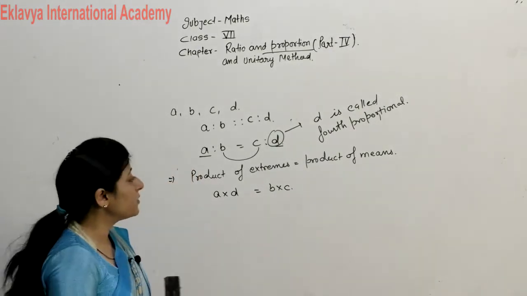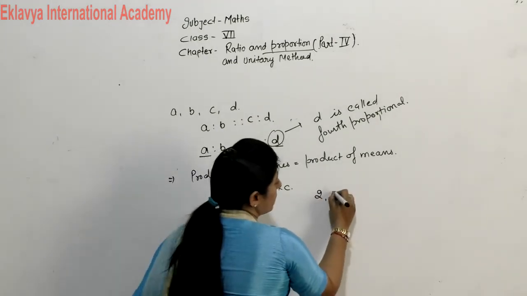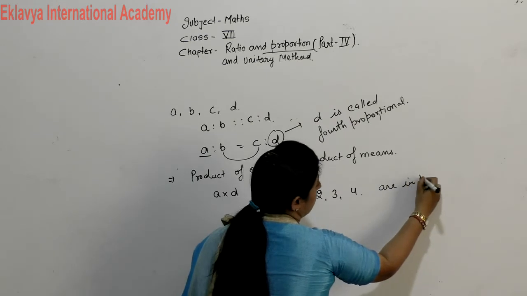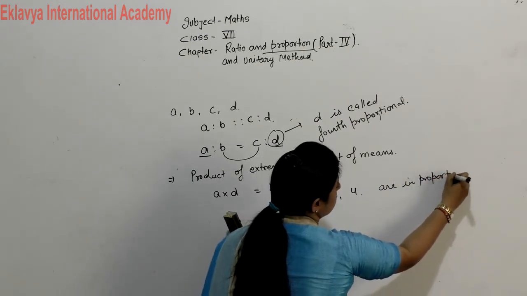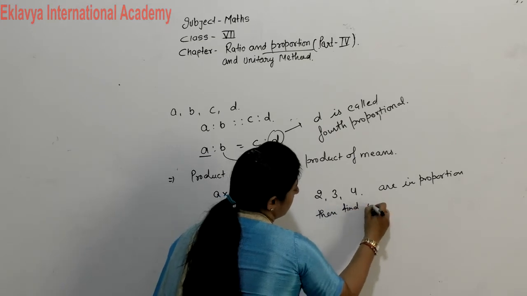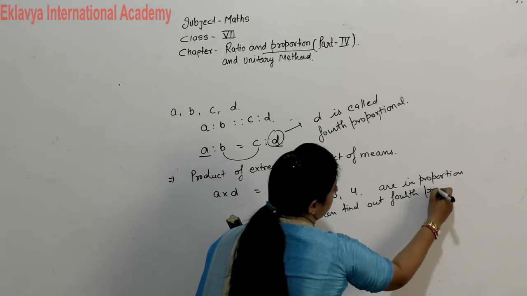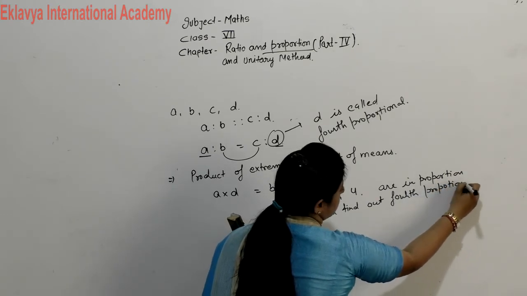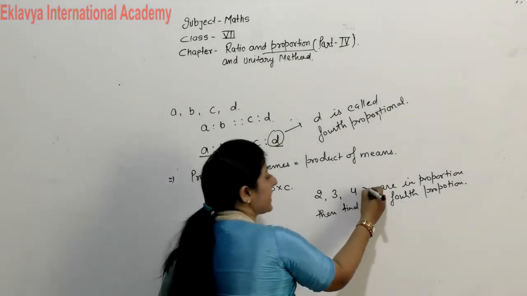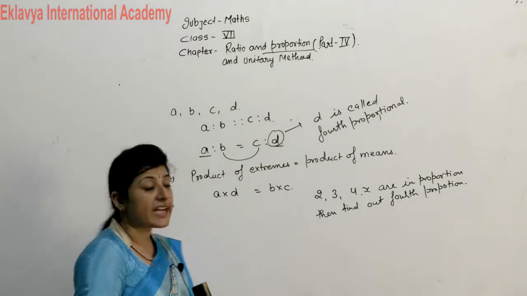How will we use it? Suppose it is given that 2, 3, 4 are in proportion, find the fourth proportional. We take the fourth proportional as x, and we want to find the value of x.